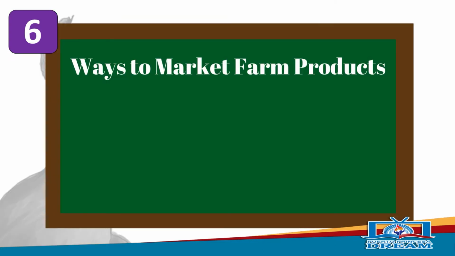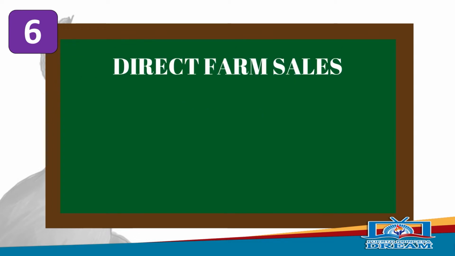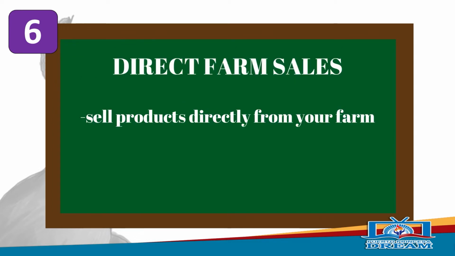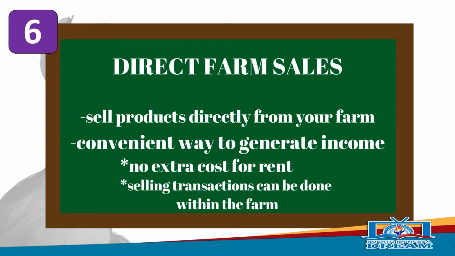Here are ways to market farm products according to one's location and production. First is direct farm sales, where you can sell your products directly from your farm. This is a very convenient way to generate income since there is no extra cost for rent. All your selling transactions can be done within your farm.